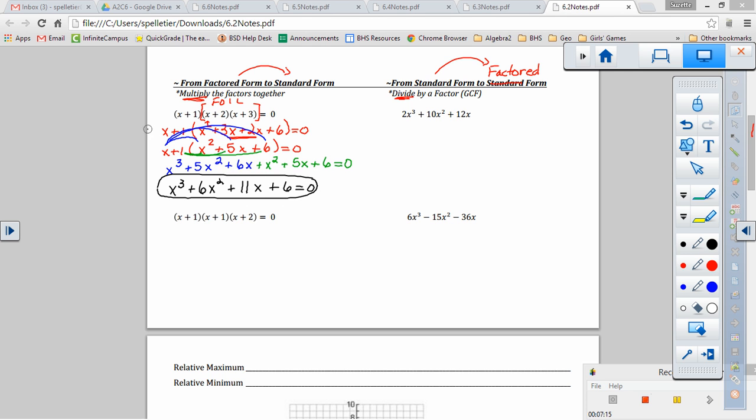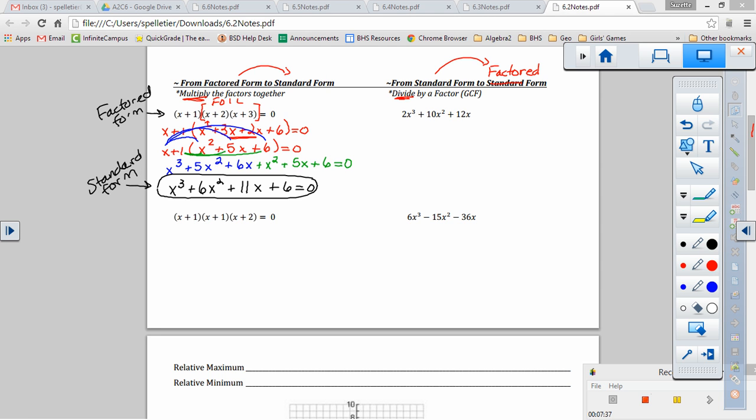So factored form, where all my factors are separated, x plus 1, x plus 2, x plus 3, and standard form, where they're all multiplied out. So factored form and standard form.